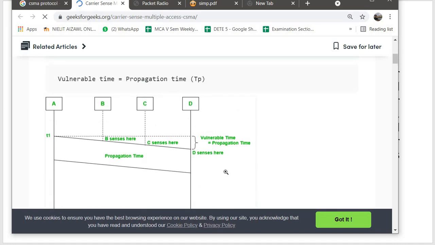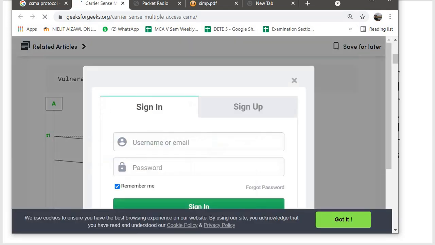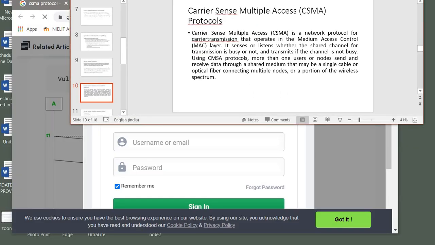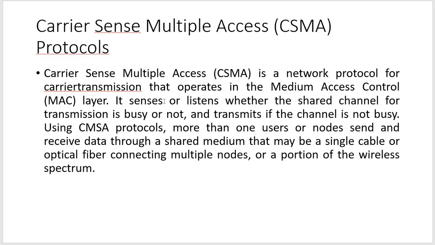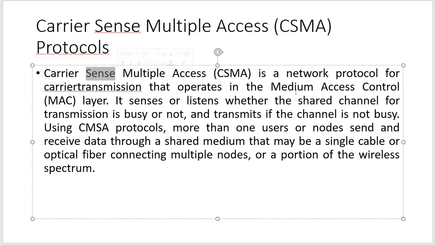Here the vulnerable time is equal to the propagation time, so we have to sense the communication channel. If it's active in the communication media, then we have to wait instead of colliding with each other. So we have to sense the media for multiple access.